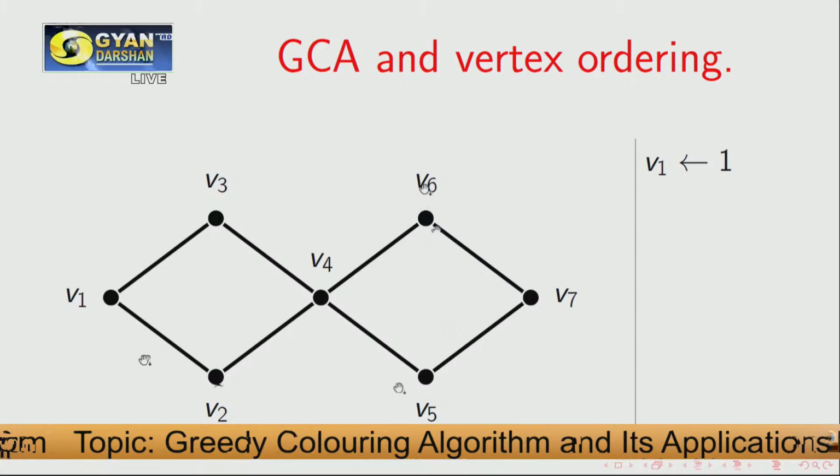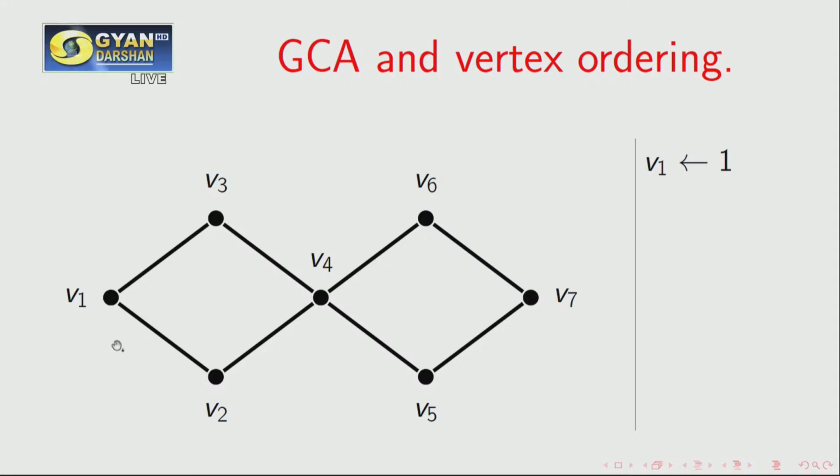Now to color V2, we look at the vertices which have been colored before it and are adjacent to V2. There is only one such vertex, that is V1, and V1 has been assigned color 1.